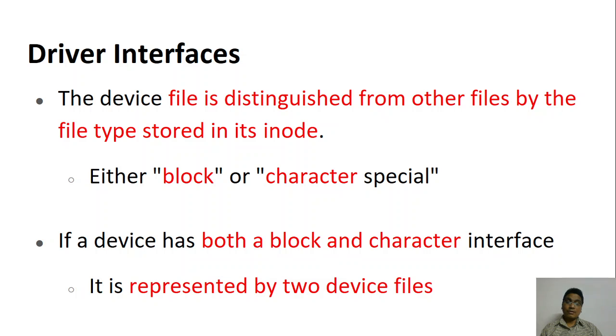B for block devices, C for character devices. If the device has both functionalities, like it can work like a block device as well as a character device, it is not represented by one single file, it is represented by two files. So one for the block and the other for the character.